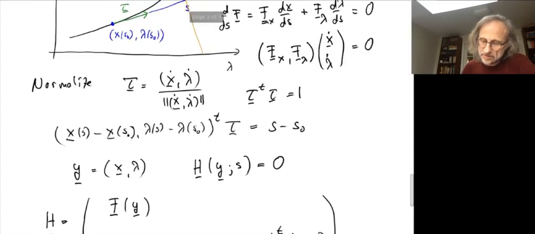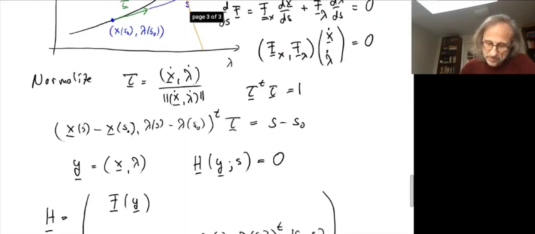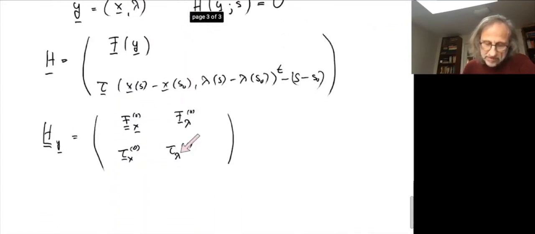satisfies this orthogonality. It's perpendicular to all the rows in the matrix fx f lambda in this Jacobian. So this tangent vector is linearly independent of all the rows of the n rows above, and so the whole matrix actually has a rank of n plus 1, and is not singular.